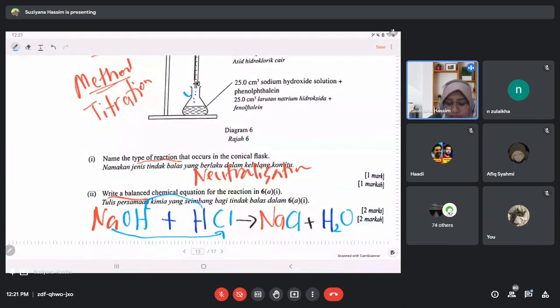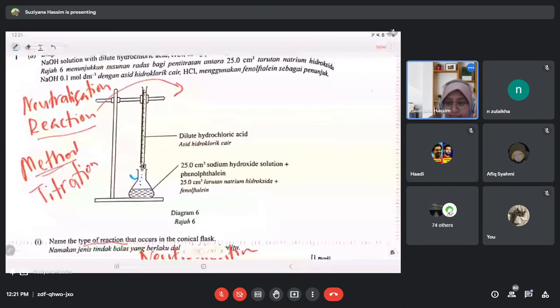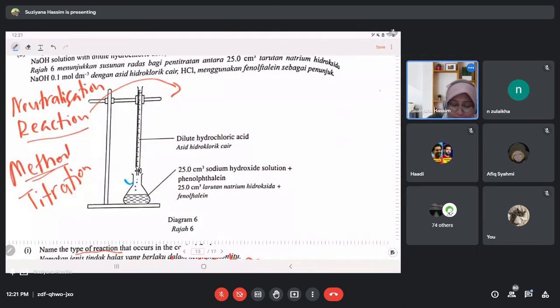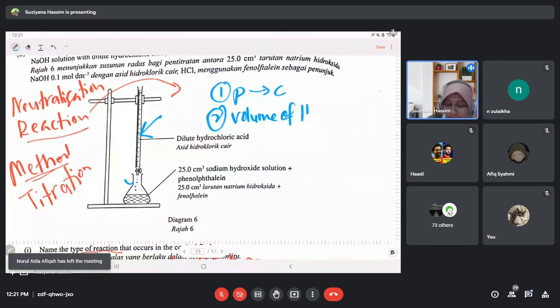Okay, I want to tell you, when we're talking about the practical, once you give your observation, you say that the pink color turns to colorless. Second, the volume of hydrochloric acid in the burette decreases.